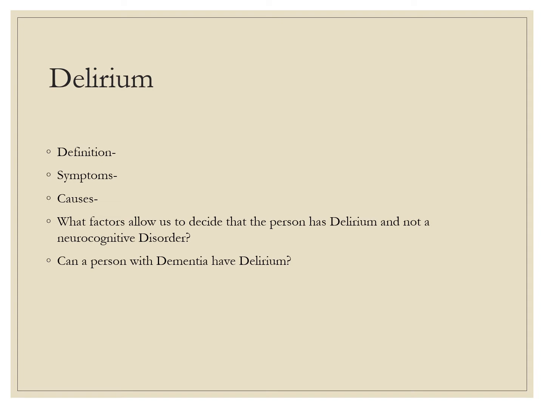So can a person with dementia have delirium too? Sure. You have your person with dementia who has a rapid change in behaviors or mood. A lot of times that's caused by delirium.